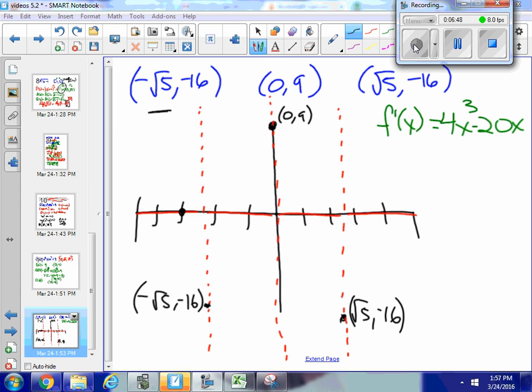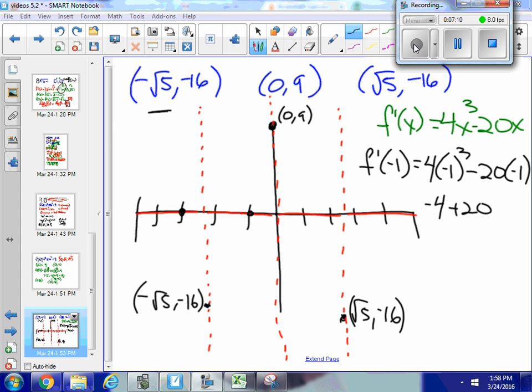How about a number in the next interval over? Why don't we just use -1? So f prime of -1 is equal to 4 times -1 cubed minus 20 times -1. Well, this is going to be -4, and that's going to be plus 20.